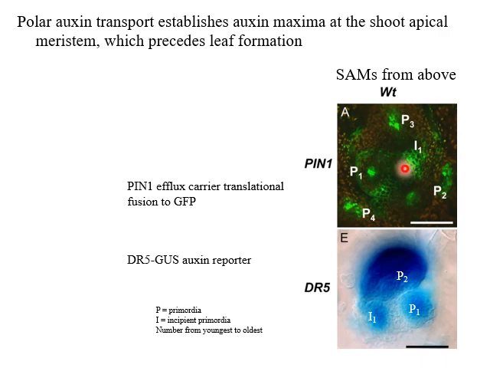And here is the central zone from above, with the central zone inside here. You have a peripheral zone which should have high levels of STM expression. But then you have different leaf primordia. Here's an incipient leaf primordium that has not yet formed, and you can see that PIN1 is expressed in those cells.